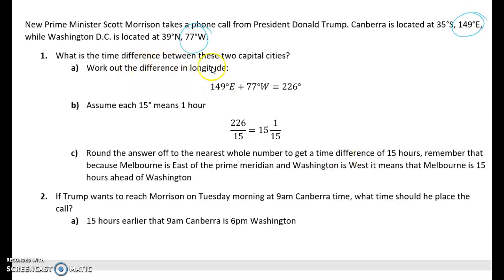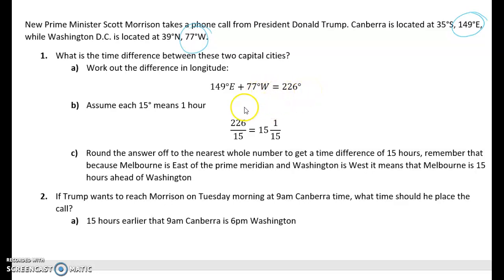All right, question 1 says, what is the time difference between these two capital cities? So we need to work out what the difference in longitude is. Canberra was 149 degrees east and Washington was 77 degrees west. So because one's one way and one's the other way, we're going to add them up and we're going to get 226 degrees.